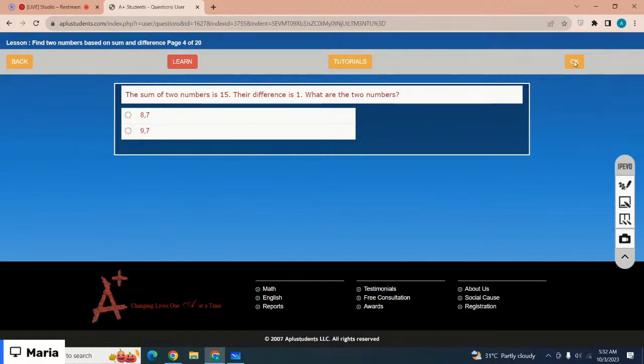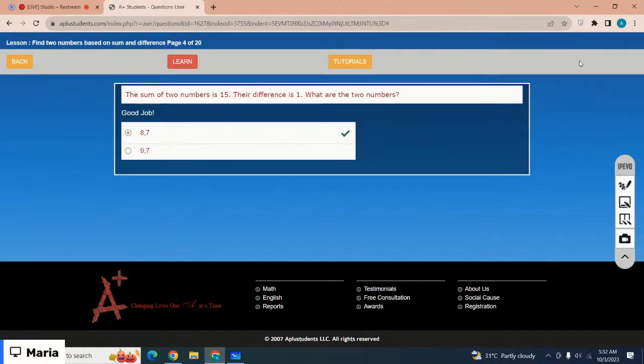That would be, yes, that would be 8 and 7. 8 and 7 are the two numbers whose sum is 15 and whose difference is 1. Very good.